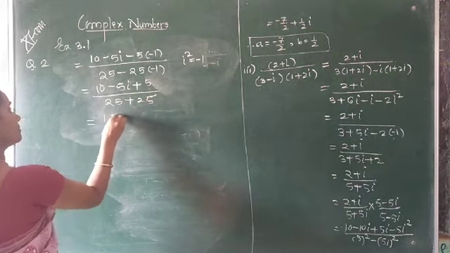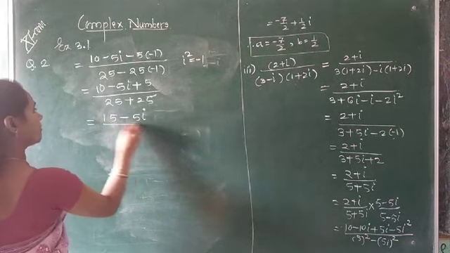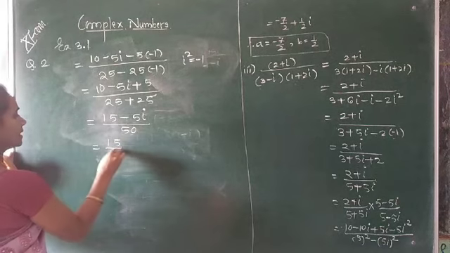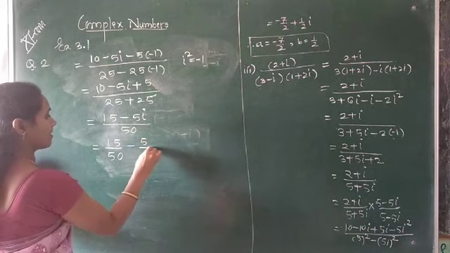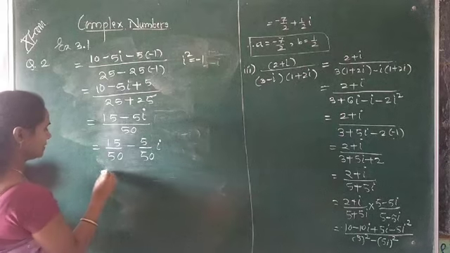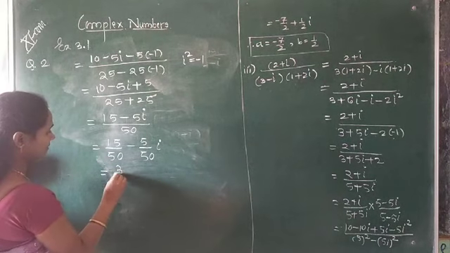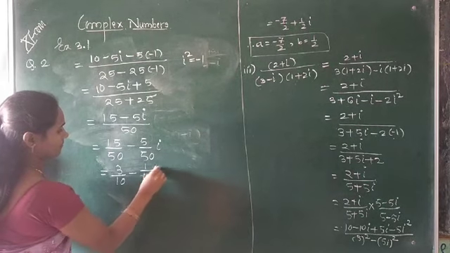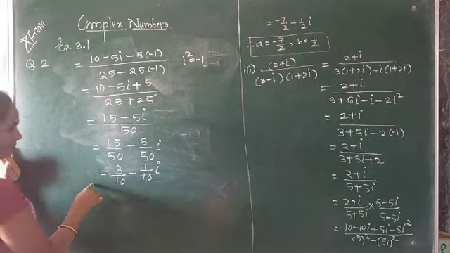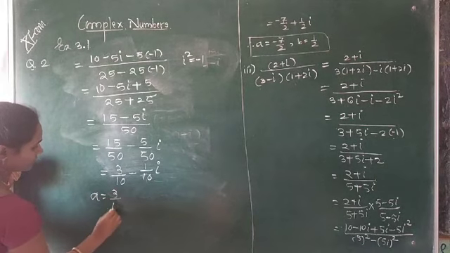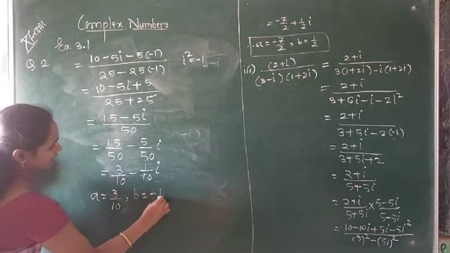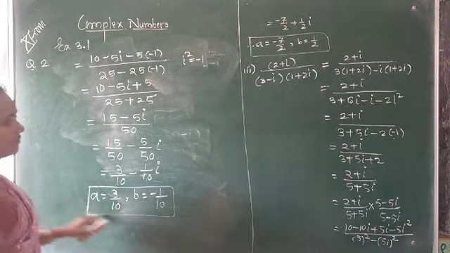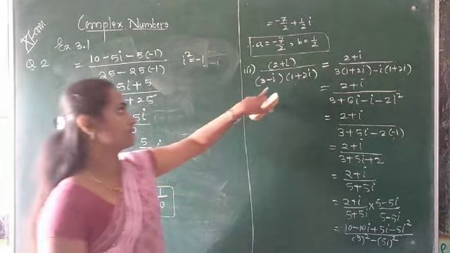So 10 plus 5 is 15, minus 5i, upon 25 plus 25, that is 50. So 15 upon 50 minus 5 upon 50 into i. If we divide this, 5 threes are 15 and 5 tens are 50, and here 5 ones upon 10. So we get the complex number where a is equal to 3 upon 10 and b is equal to minus 1 upon 10. So these are the values of a and b for our complex number.